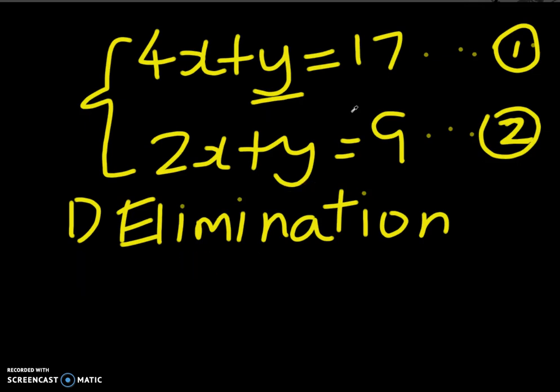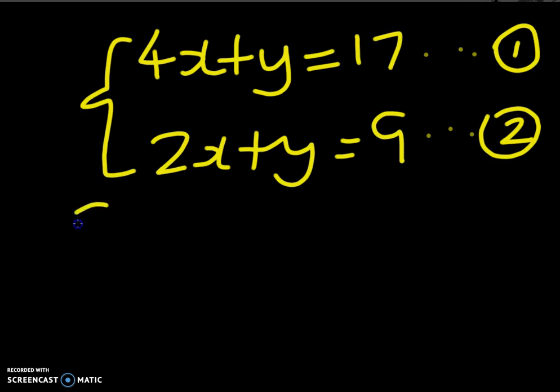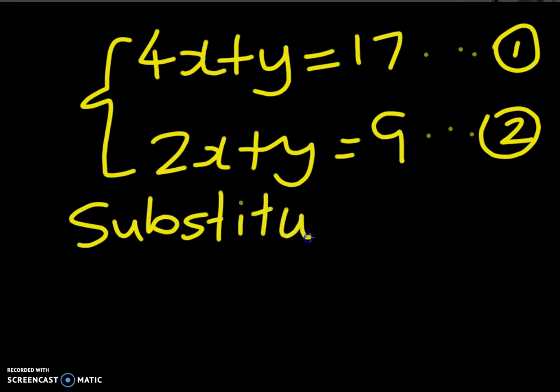Okay, so now let's use the substitution method. For substitution, we need to bring one of the equations into terms of y, because that's the only one without a number in front.